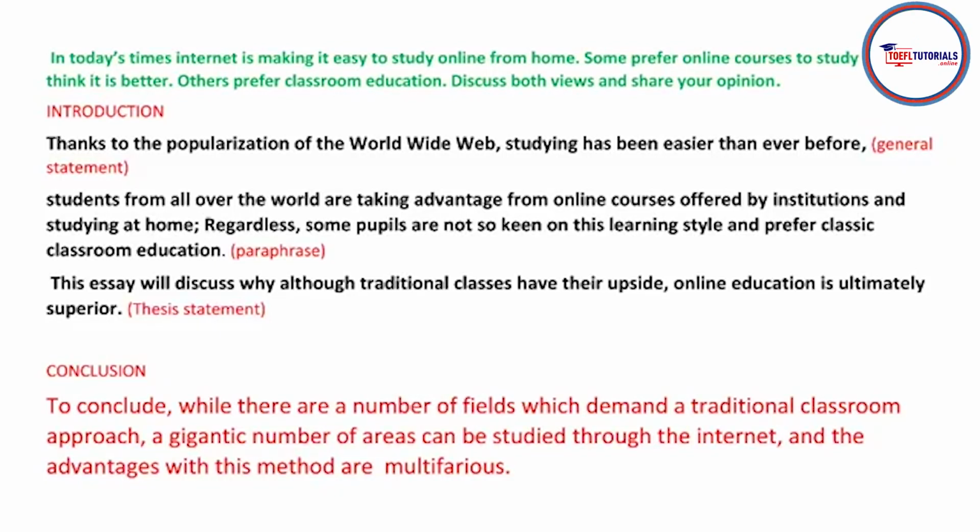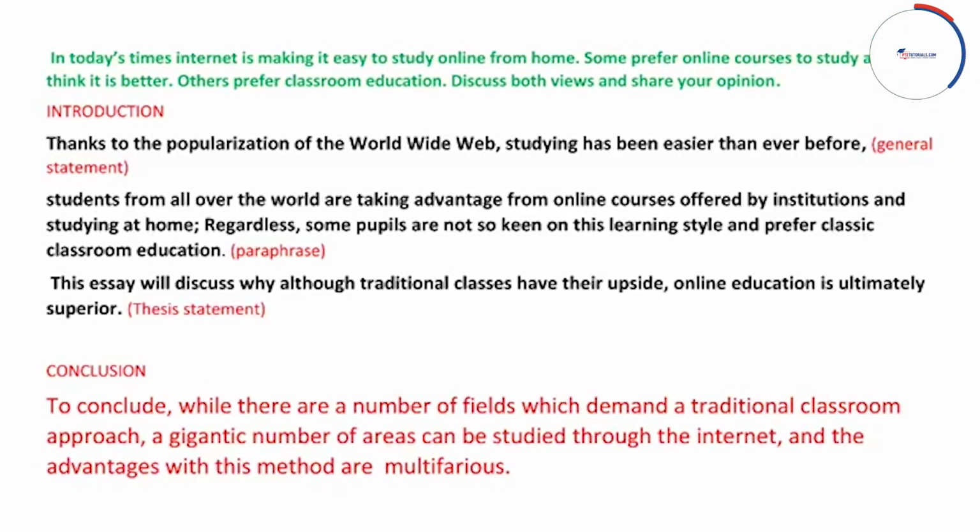In the same way I have used a conjunctive adverb in my introduction. See, to conclude, while there are a number of fields which demand a traditional classroom approach, a gigantic number of areas can be studied through the internet, and the advantages with this method are multifarious. See how good it is.